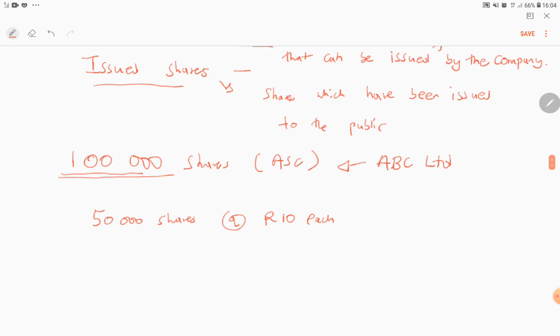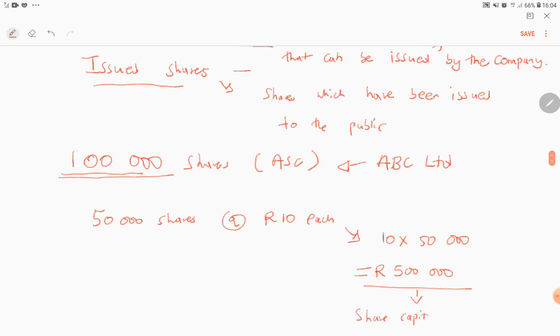It means those people who have applied are now shareholders of the company because they have bought the shares. How much are they going to pay? It's 10 multiplied by 50,000, which is 500,000 rands. This is how much the company is going to receive, and this is called share capital.